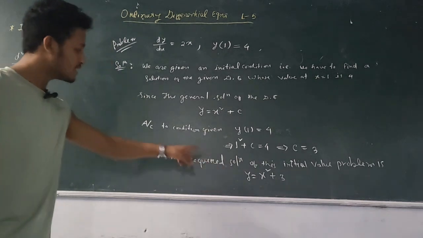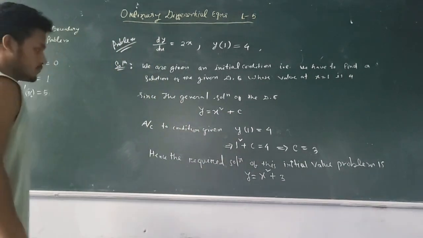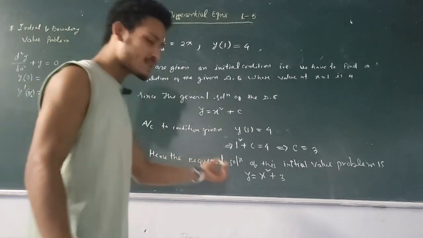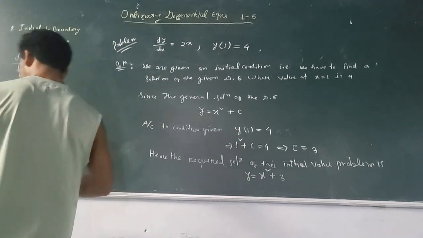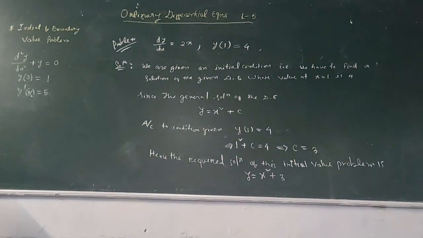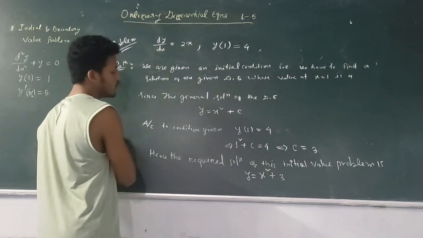So this is the required solution of this initial value problem. This is just an example to understand what an initial value problem is. Now we will generalize this concept to any differential equation of order 1.